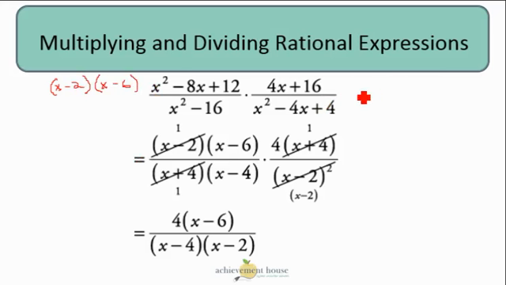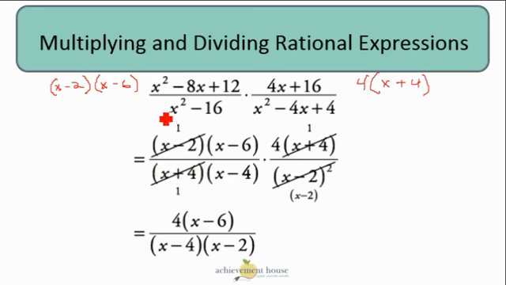What can we do to factor 4x plus 16? Both of those terms have a GCF of 4, so I'm going to factor out a 4, and I'm left with x plus 4, on the numerator.